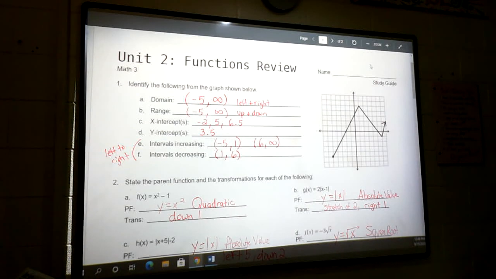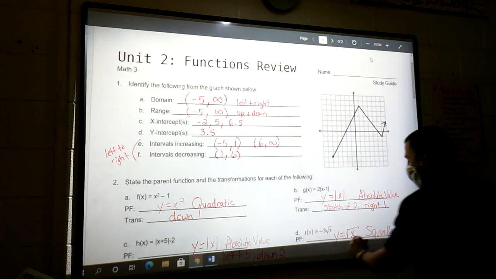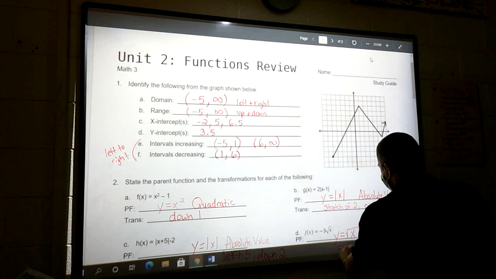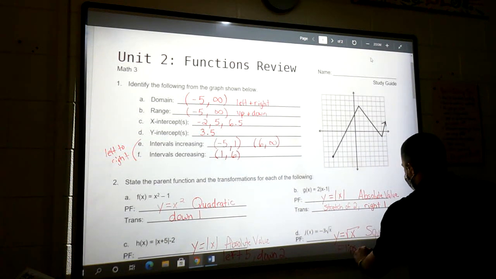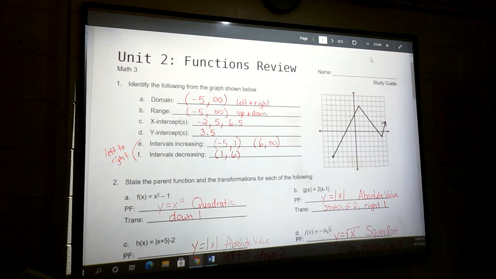So those are the two things. They could call it a reflection. That's another way. So either say flips or reflects. So we'll say flips. That's what that negative in front does. And then is stretched by 3. So those are the transformations that happen there.